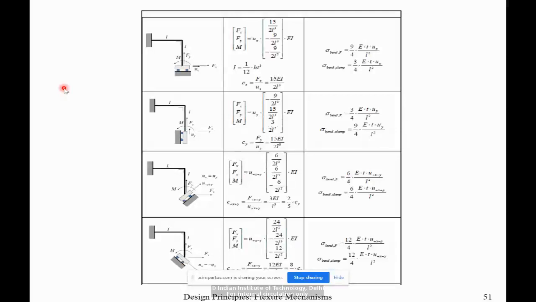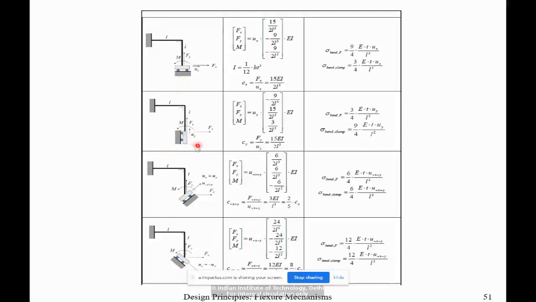So your phi is also 0. Do you agree with that? In the first case, there is no rotation at the end.